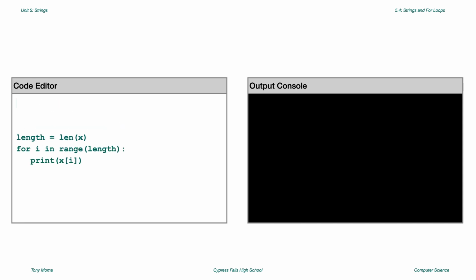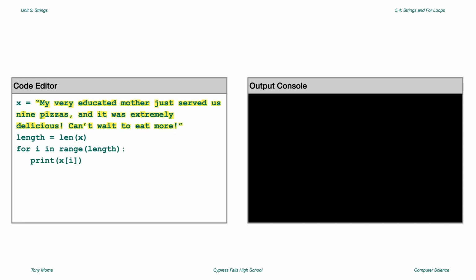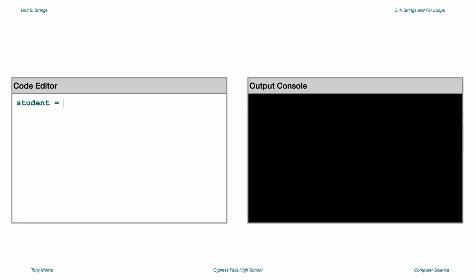Even if my string were to contain 100 characters or 1,000 characters, once again, I still would not have to change the for loop because the for loop will naturally adapt to whatever the length of the string is.